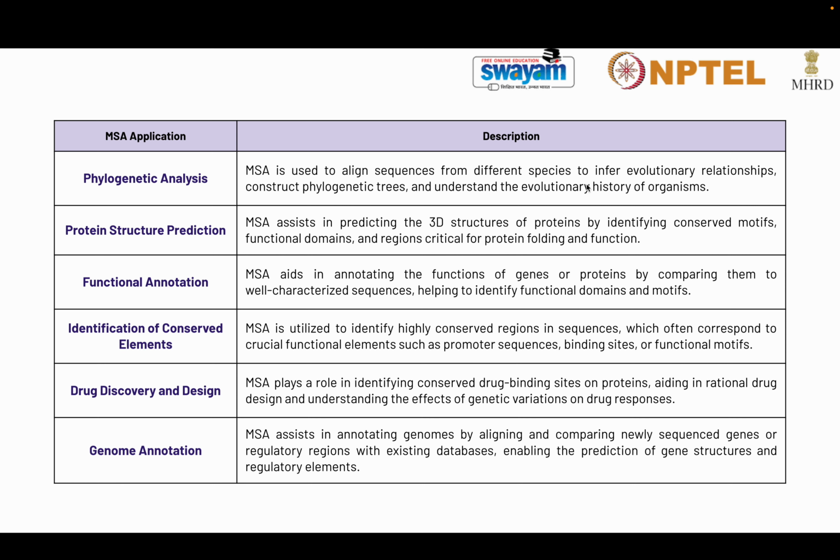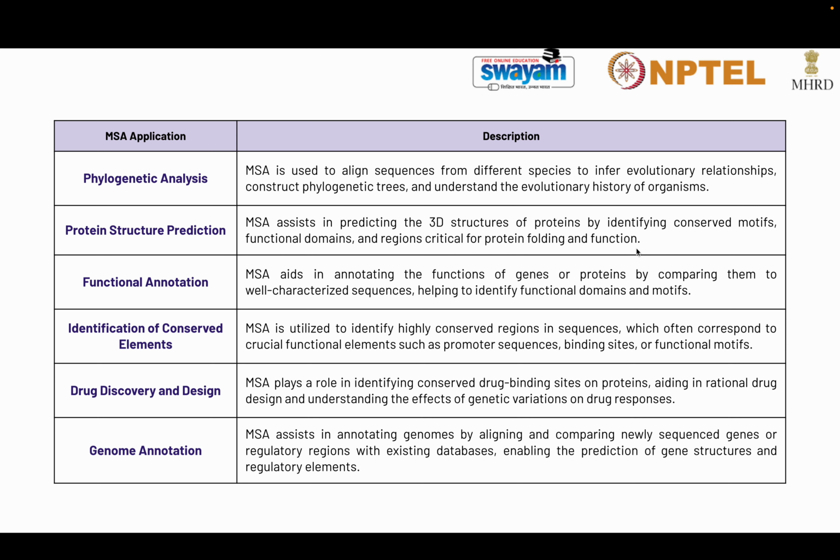Then comes protein structure prediction. You can also predict the structure of the protein by performing multiple sequence alignment. It is based on the principle that the sequences which show similarity among different species are preserved, or conserved, and they might contribute to some motif or functional domain which is critical for the folding or function.